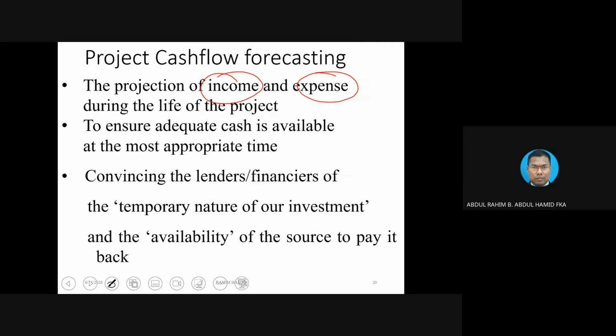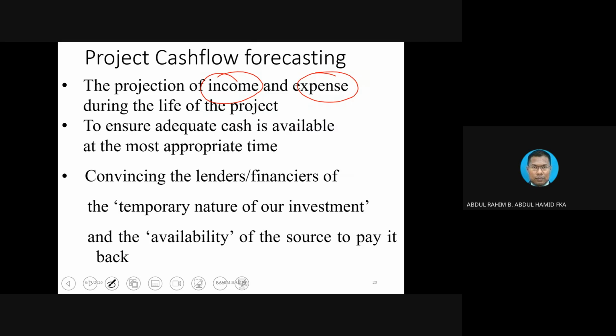This is simply to show when we have a construction project running, the contractor is the one we consider the main player. So we want to know how much money goes in and out of the contractor's pocket. The projection of income means money going into the contractor's pocket or account.